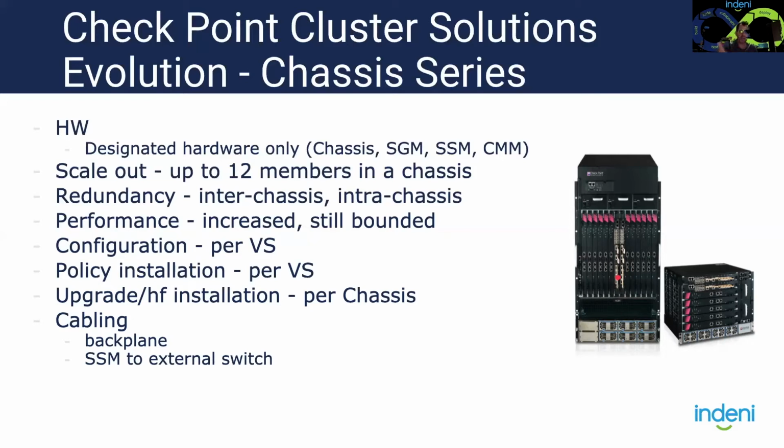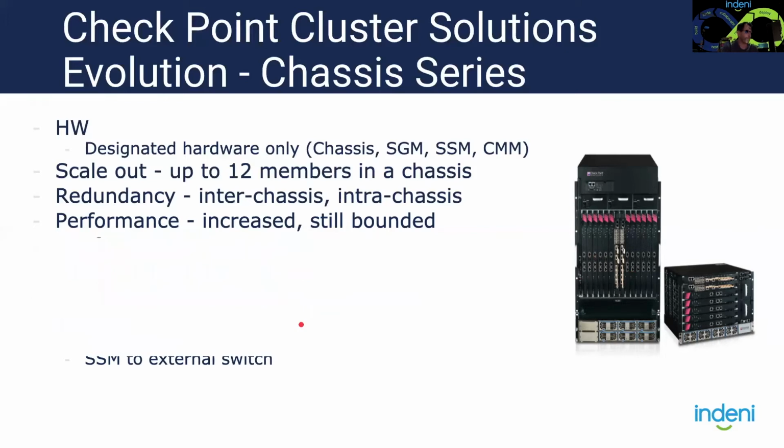So if you configure another port, or additional VLANs, it will be on the same port and not per member. Imagine that you have 12 SGMs in the chassis compared to 12 cluster XL members, potentially. So this is much easier.